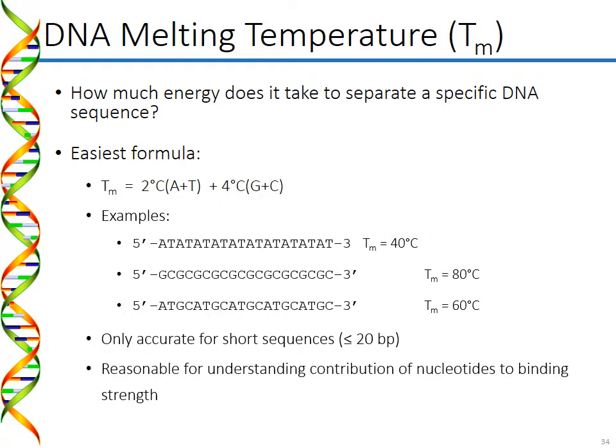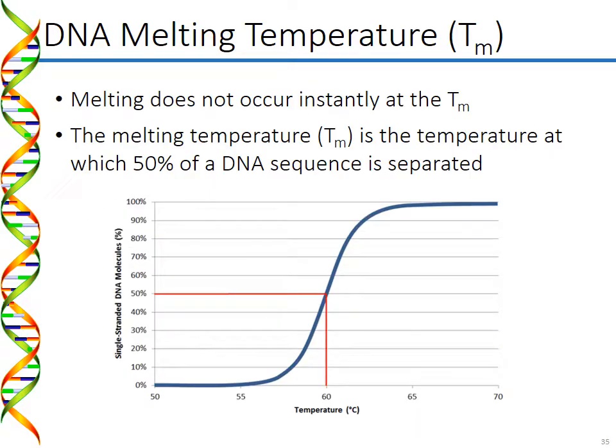So this is only accurate for short sequences. But what it does allow us to do is understand the contribution that each of these nucleotides has to the amount of energy it takes. As we discussed, the GC bases require more energy, and this formula shows that fairly well.